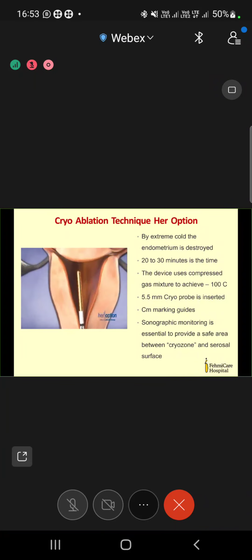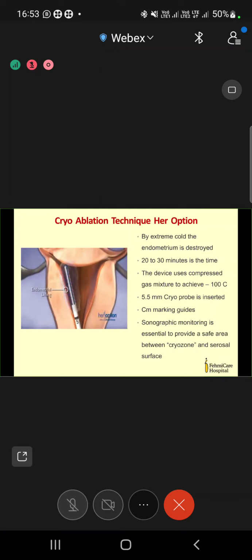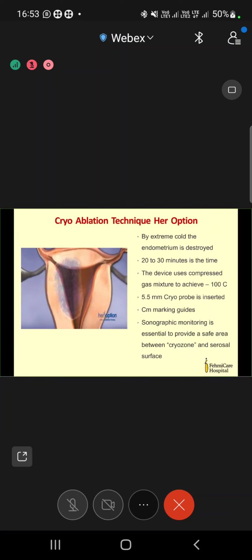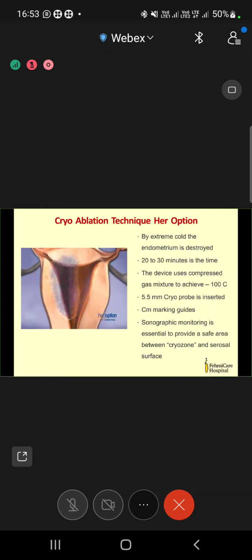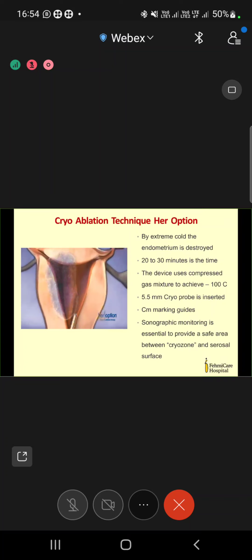Then on each side, you reach the corner and start cryoablating the endometrium. Usually it is done in 2 to 3 places to cover the entire endometrial cavity. The entire procedure may last for about half an hour.